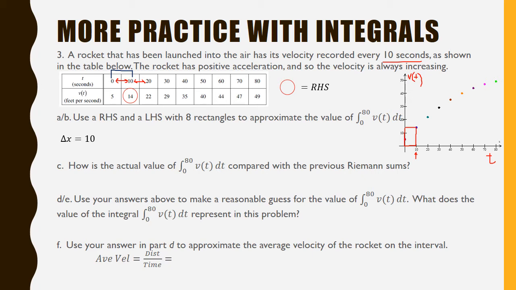What about my second rectangle? Well, my second rectangle is going to look like this. And what is the height of that one? Here's my second interval right here. That's right, it's 22. And so on.